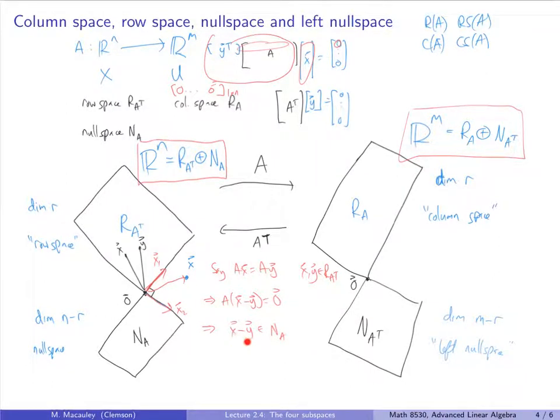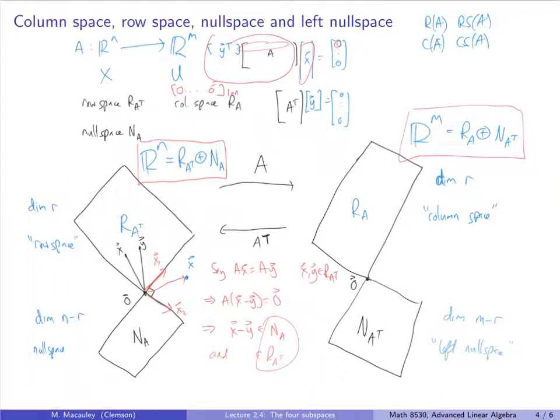Now, x minus y is in the null space, but also since x and y are in the row space, then x minus y is in the row space as well. So the fact that it's in both of these, and R^n is a direct sum of these things, means that it has to be the 0 vector.